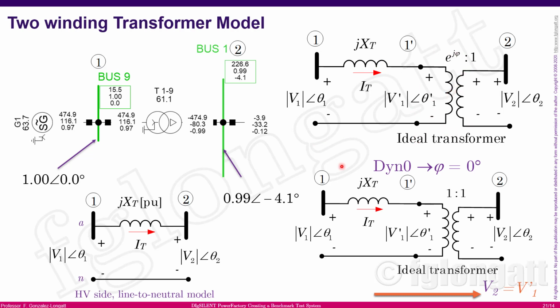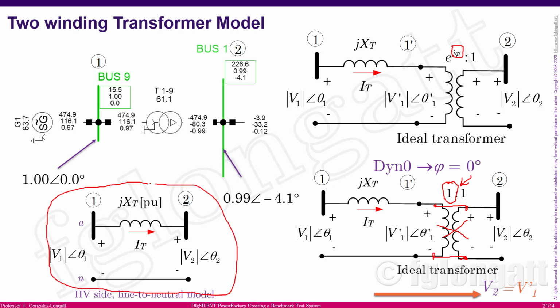Now, what you need to understand is that when we are using DYN0, the phase angle is 0, and this complex number here and this complex number here at the exponent become 1. As a consequence, you must remember that a 1 to 1 transformer ratio is equivalent to having just a cable here and a cable here, and this ideal transformer disappears, and finally we have this model over here.